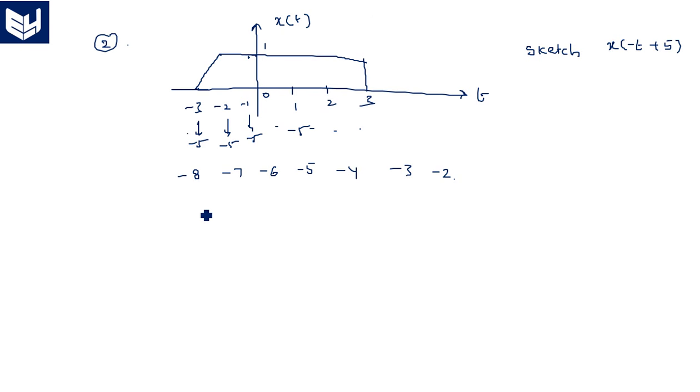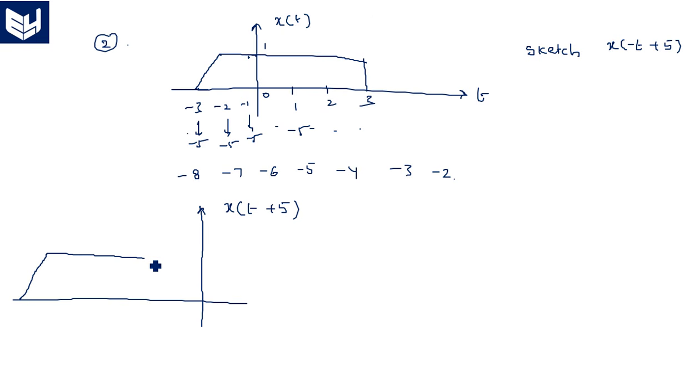Now with these new instants, let us redraw the given signal. So x of t plus 5 I am drawing. t plus 5 means the signal moved ahead. So the same shape, it goes like this and comes down here at minus 2.